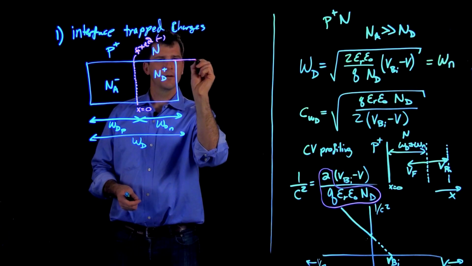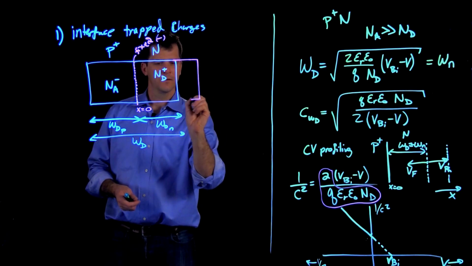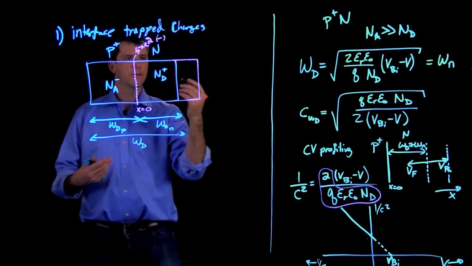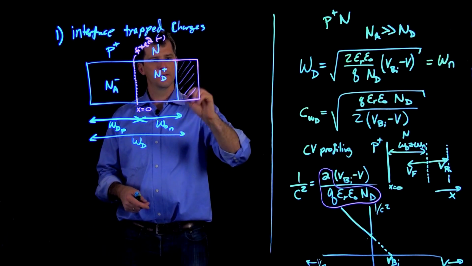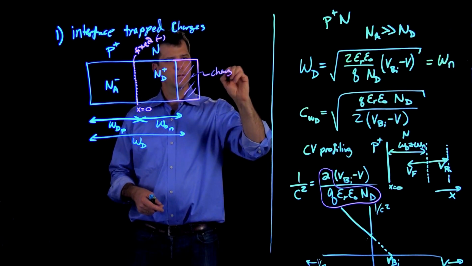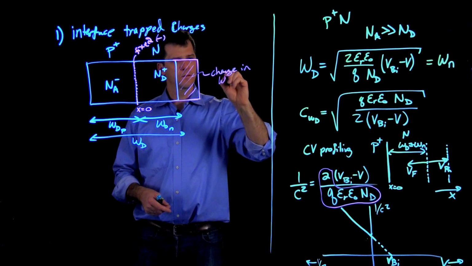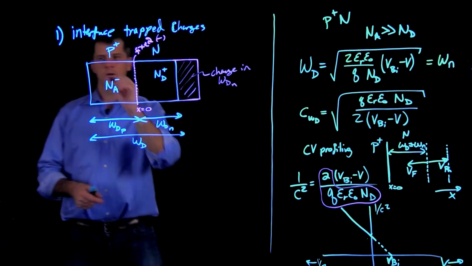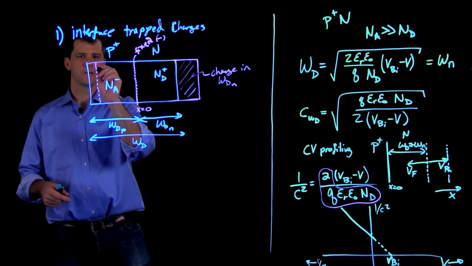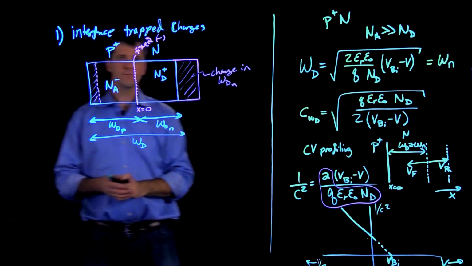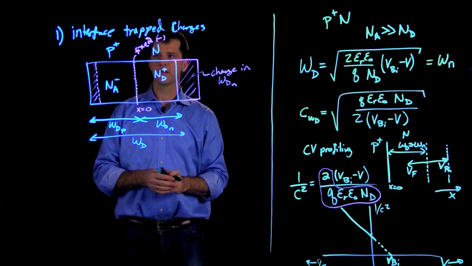And so our depletion width on the N-type side is going to have to get a little bit bigger, or the depletion width on the P-type side will have to get a little bit smaller. And that's just to maintain the overall charge balance.